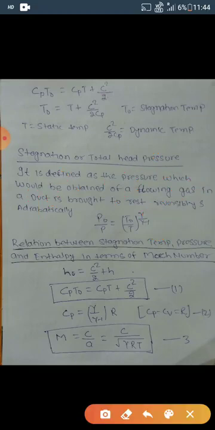You can also find H naught equal to H plus C square by 2, and you also know Cp equal to gamma by gamma minus 1 into R, and Cp minus Cv equal to R.